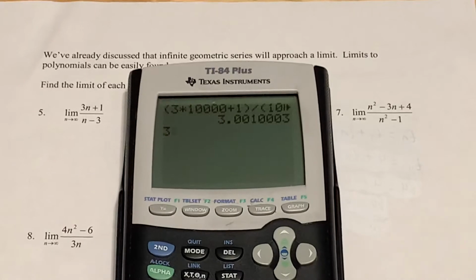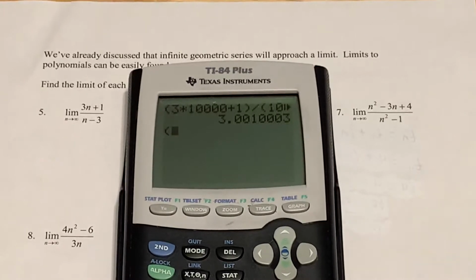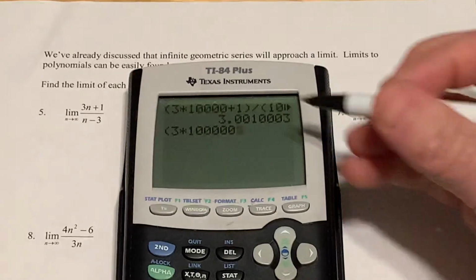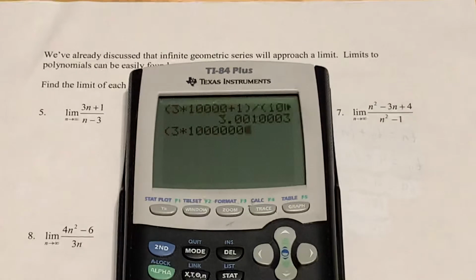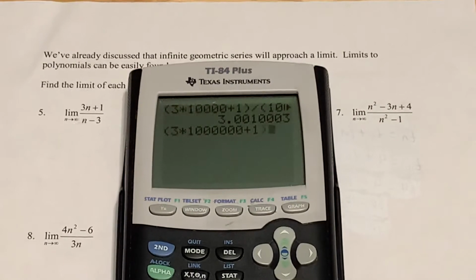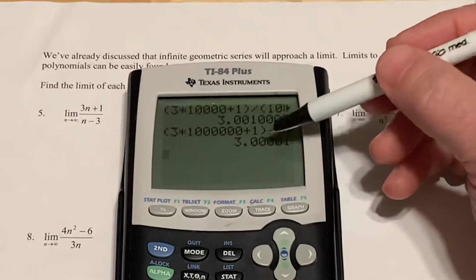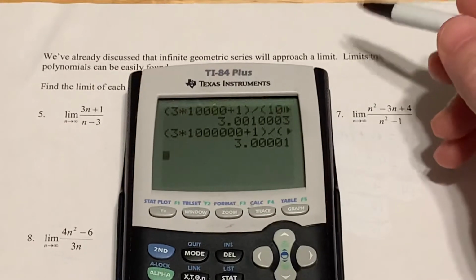Now, n is approaching infinity, so let's say I keyed in 1,000,000 for n instead. And when we do that, it's even closer to 3.